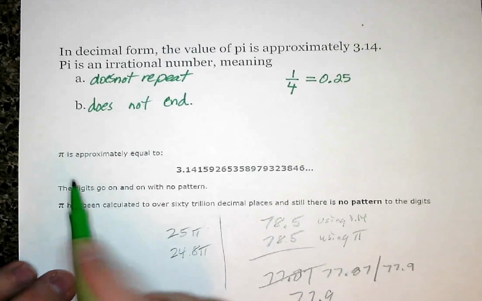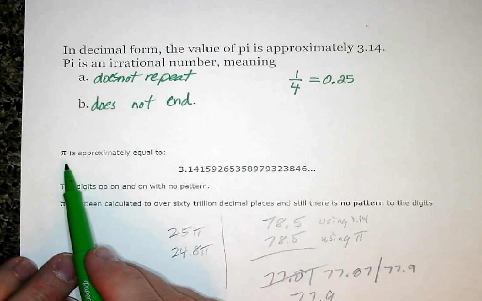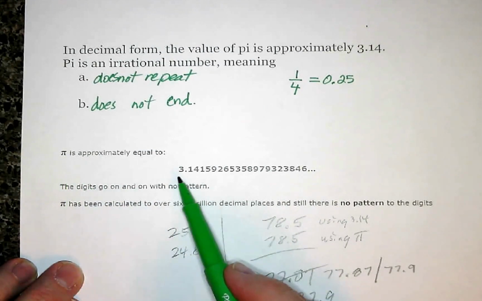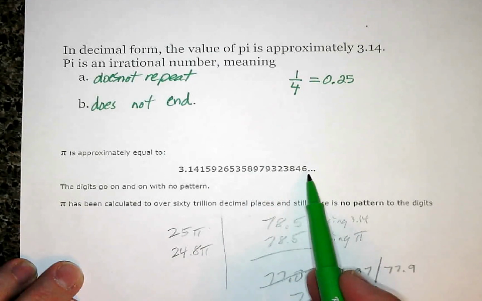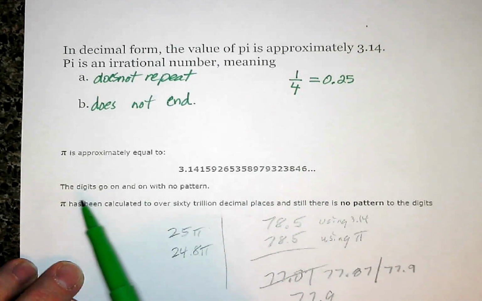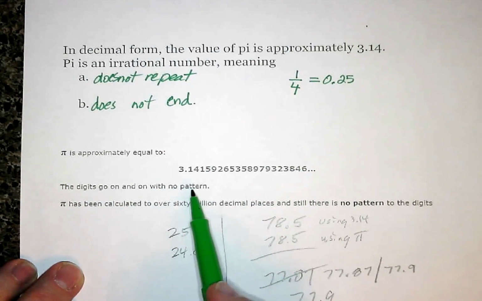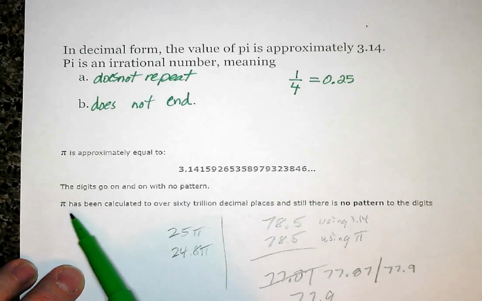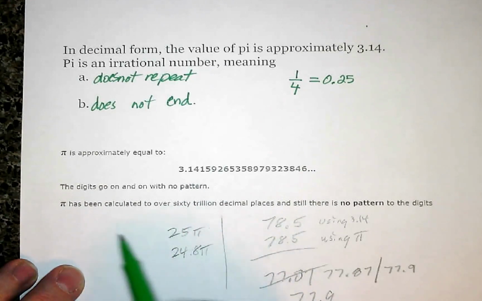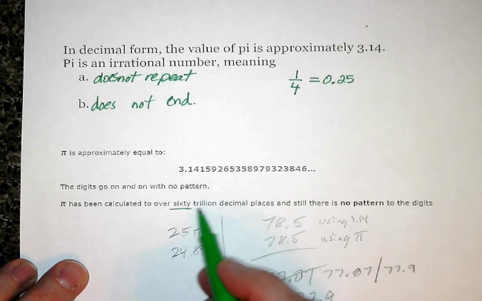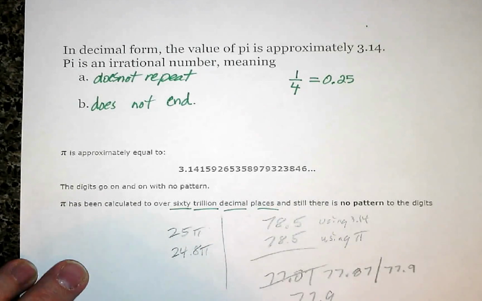So here is just a little example of some of the digits of pi. It's approximately equal to, and you can read it here yourself, obviously a dot, dot, dot means it keeps on going. The digits go on and there's no pattern to it. Pi has been calculated to over 60 trillion decimal places.